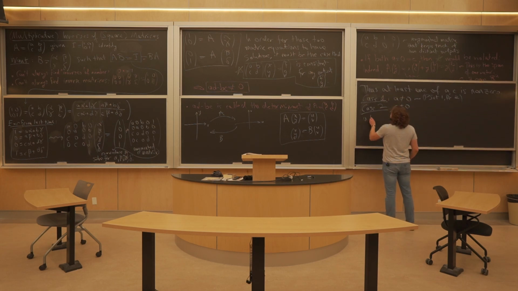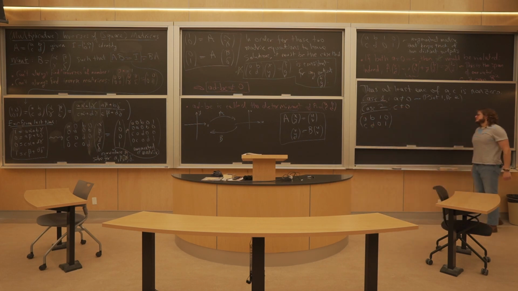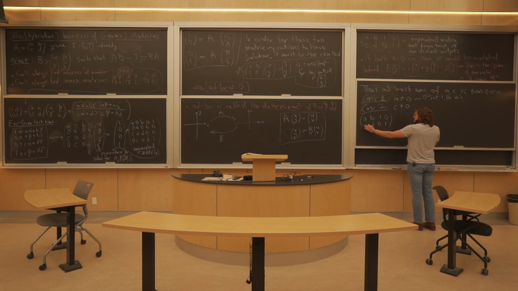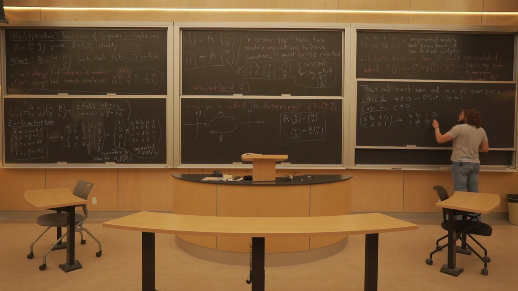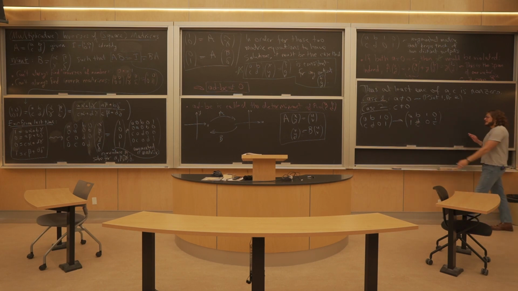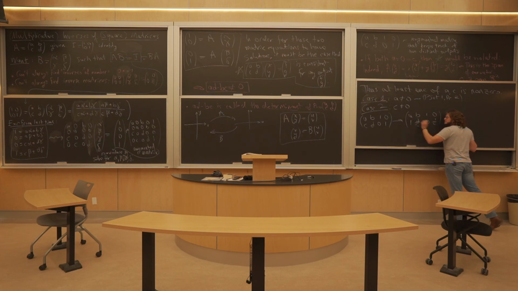So let me first take the second row and divide it by C to get a 1 here. That gives 1, D divided by C, 0, 1 over C. Then I can take A times the second row and subtract it from the first row to get rid of this entry.